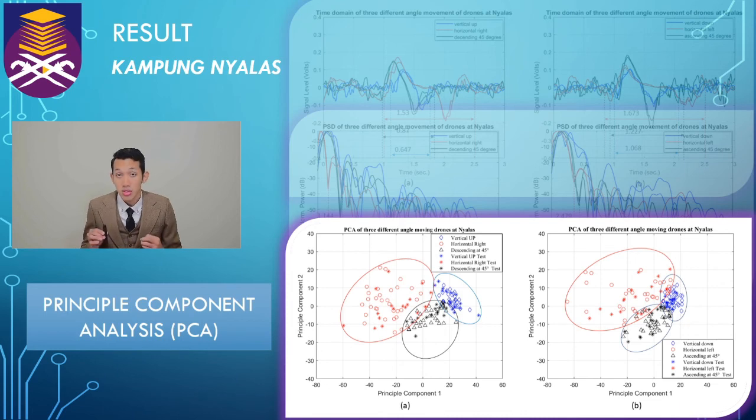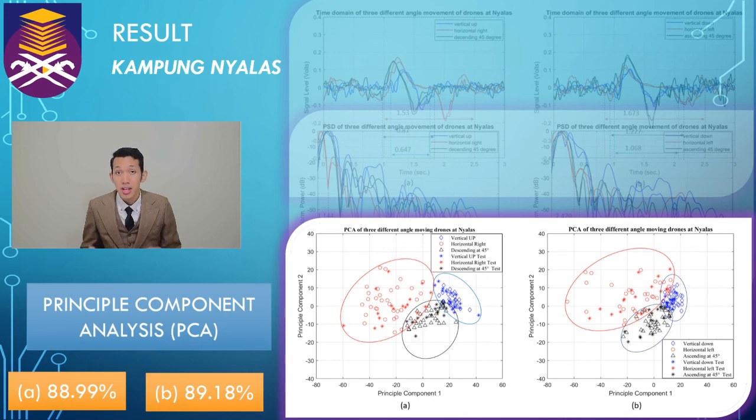This is because the distance between the transmitter and the receiver is much further compared to MIPS and Teluk Kemang, 1020 meters. This is why the percentage is 88.99% and 89.18% for figure A and figure B respectively.